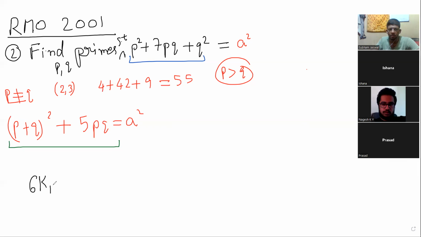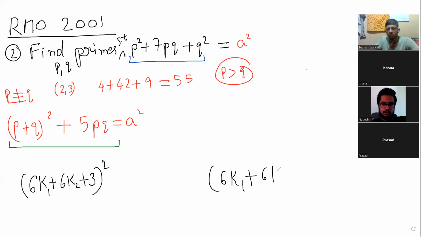6k1 plus 6k2 plus 3 whole square. Okay. And 6k1 plus 6k2 plus 4 whole square. Yeah, but you will not get the advantage of taking the sixth and all here, right?